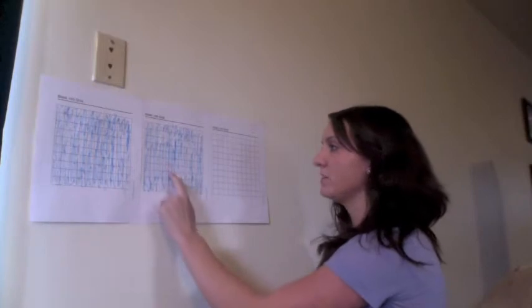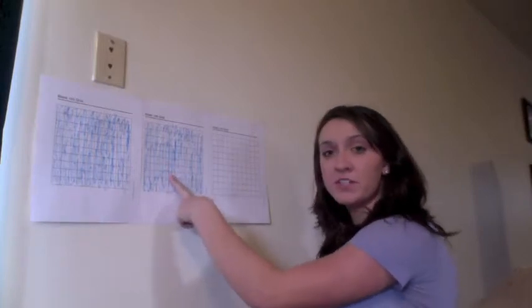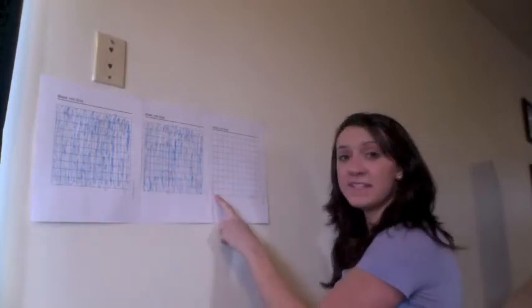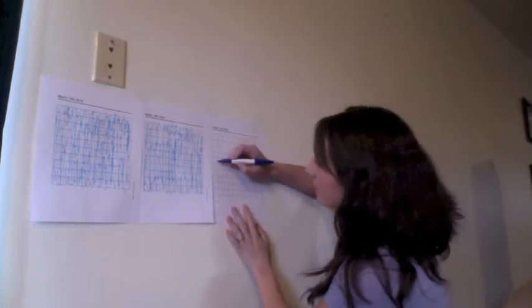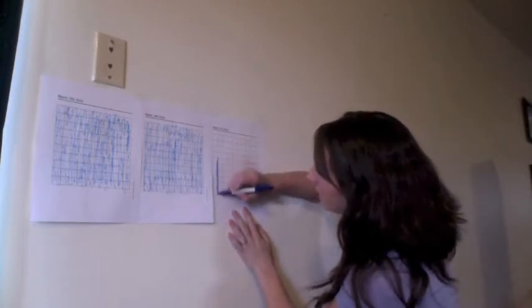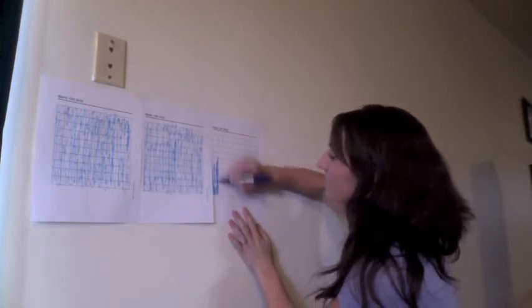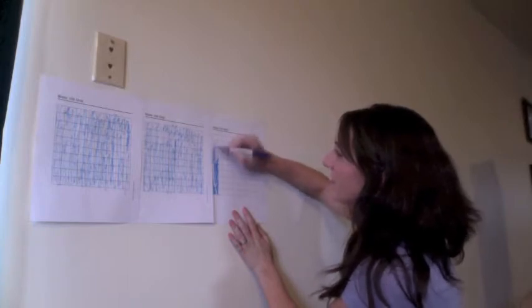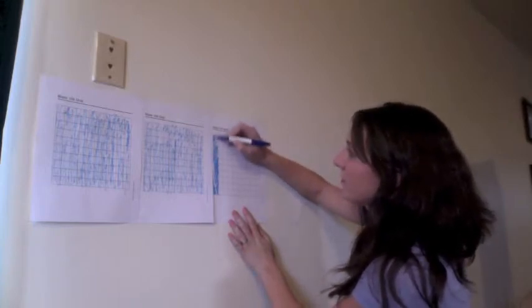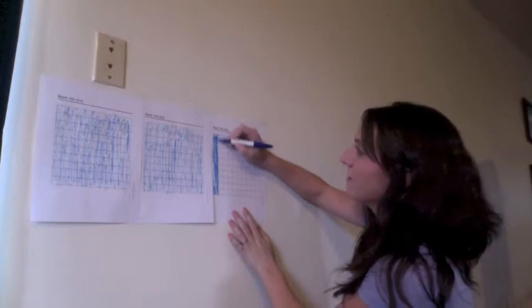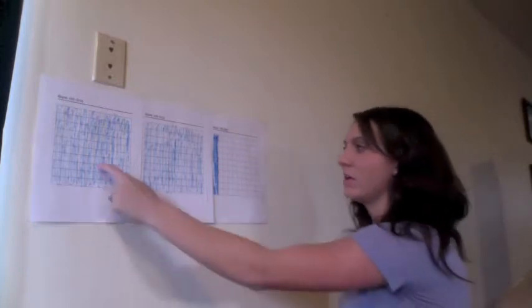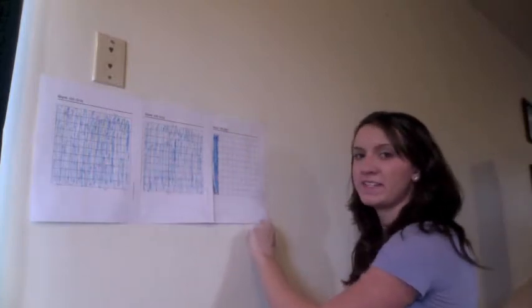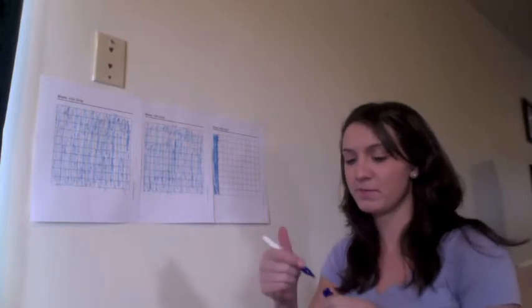So we have 1, 2, and our number is 2.1, so we need 1/10 of this grid. So we will cover in 1/10 on this grid. And there we have represented our whole, 2 1/10, or 2.1.